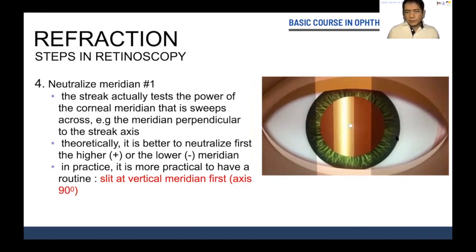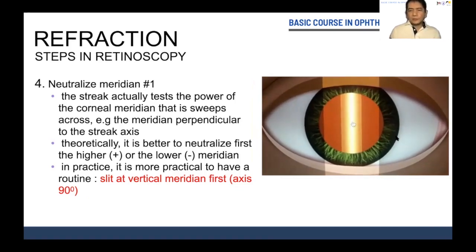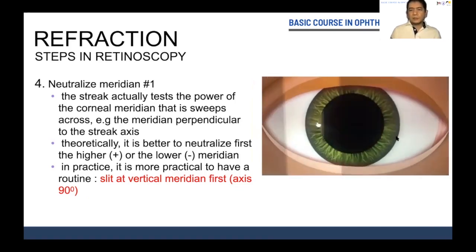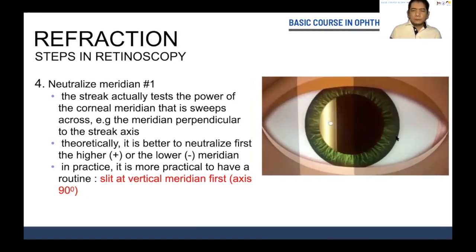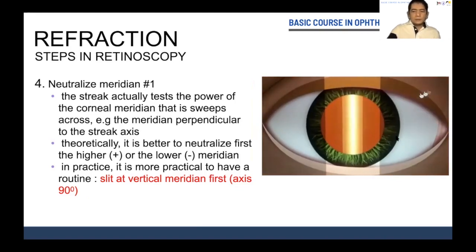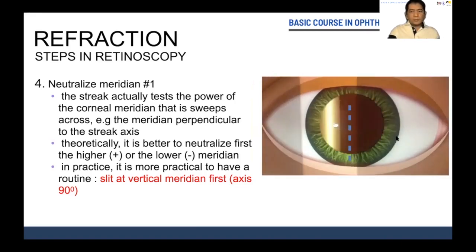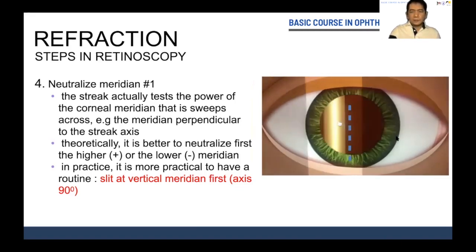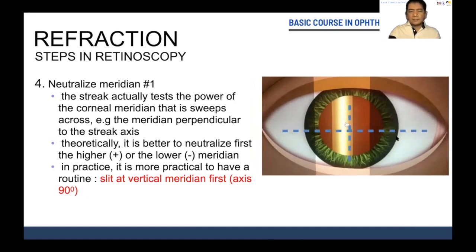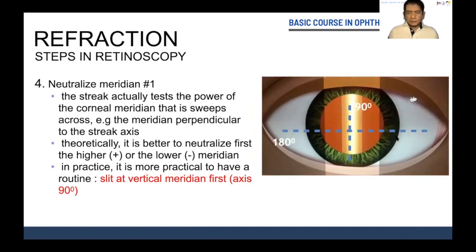So if your streak is positioned vertically, and you are sweeping it horizontally, meaning moving your streak right to left, what you are actually scanning is the horizontal meridian. So that's your streak vertically positioned, moving it side to side. You're actually scanning the horizontal meridian, which is at 180 degrees.